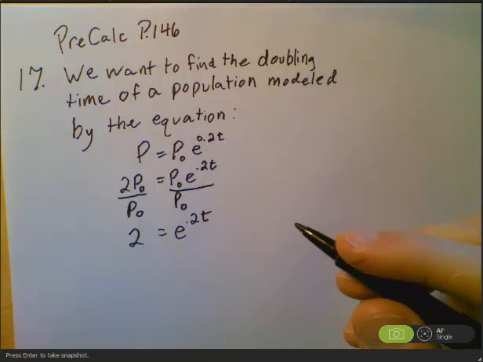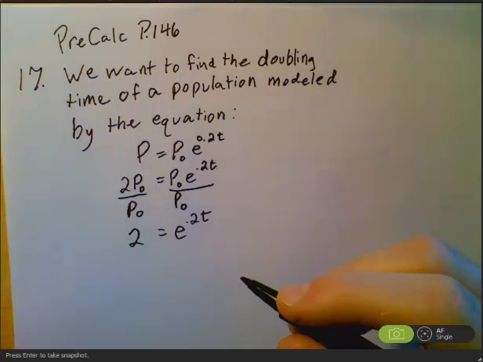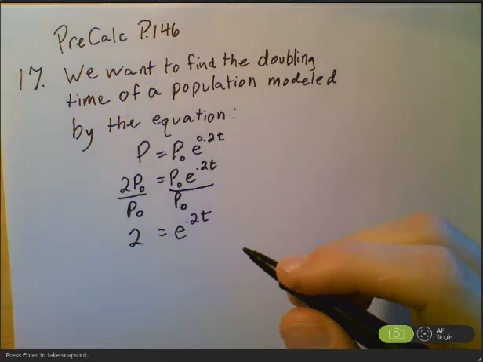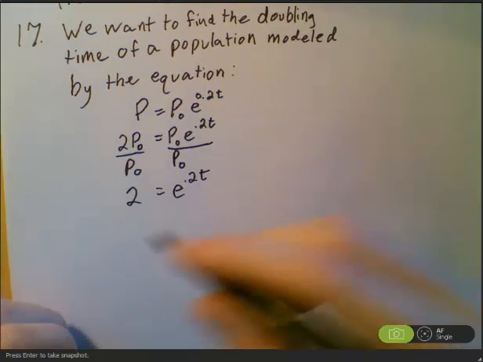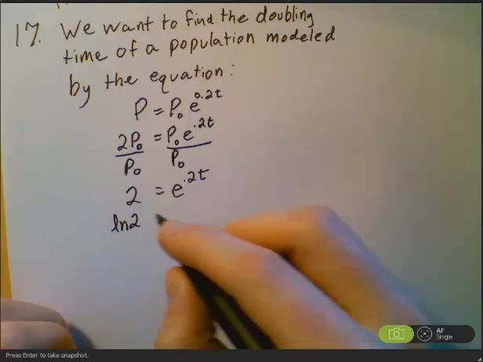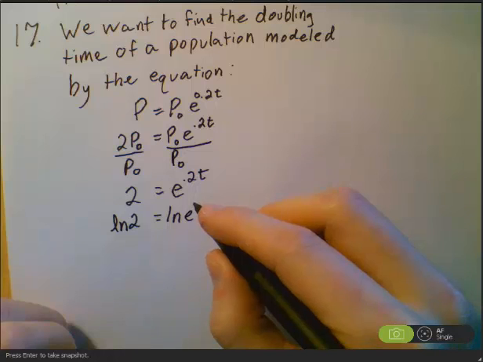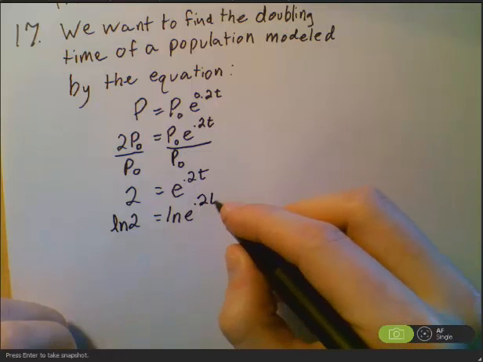At this point, we have e to a power, so in order to solve for t, we're going to take the natural log of both sides. So we'll take the natural log of 2 is equal to the natural log of e to the 0.2t power.